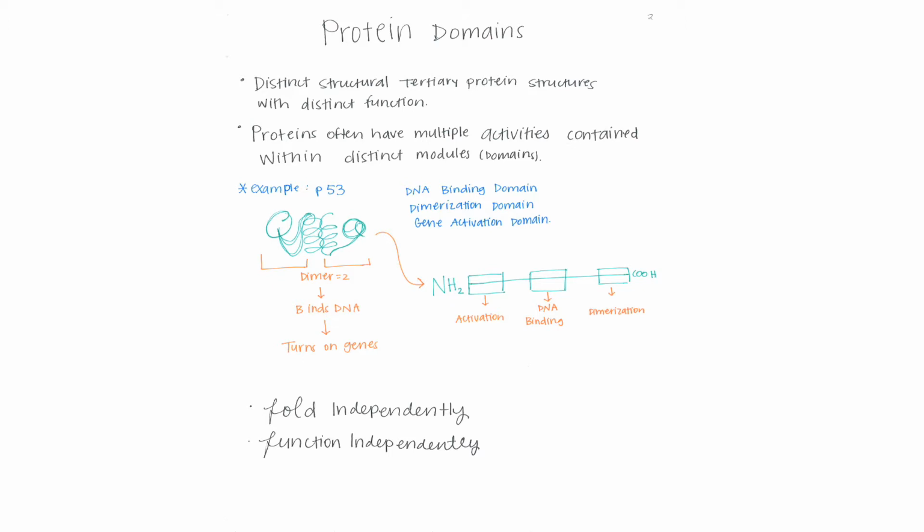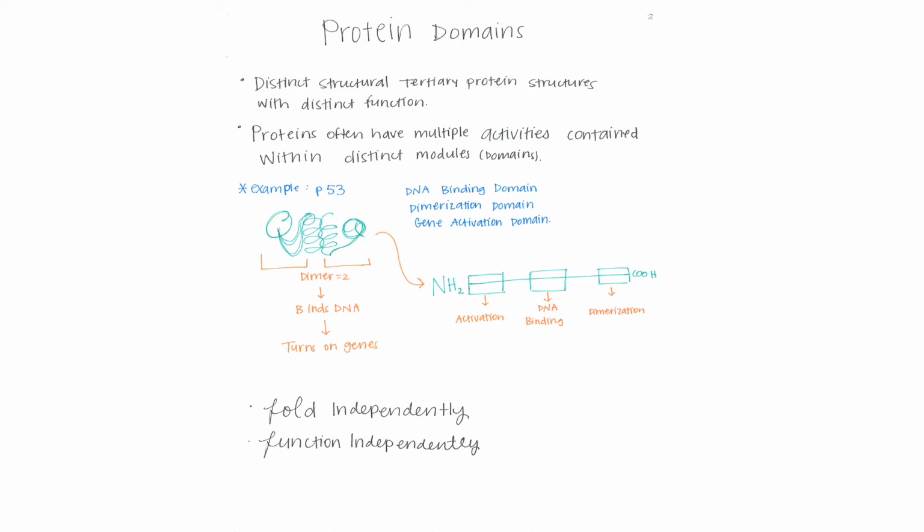That is, each one of those folds up into a very specific structure and then carries out, let's start on the right-hand side, that region carries out the dimerization, allows the proteins to stick together. The middle section is what's called the DNA binding domain. That folds up, binds to DNA. Then you have the gene activation domain, which, when folded correctly, can activate gene expression once it interacts with the DNA.